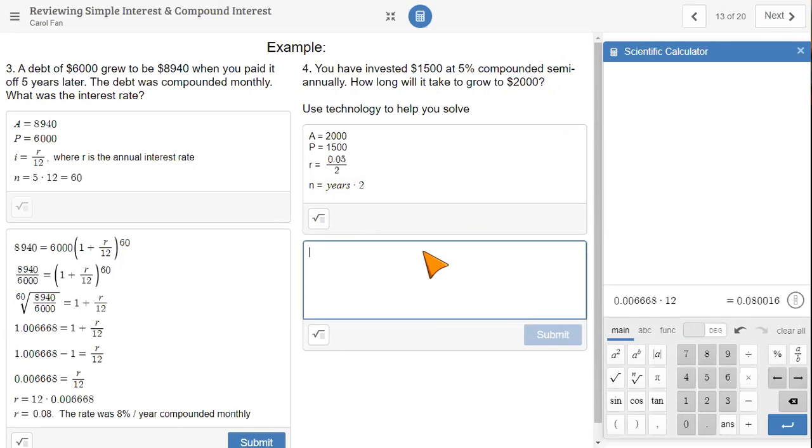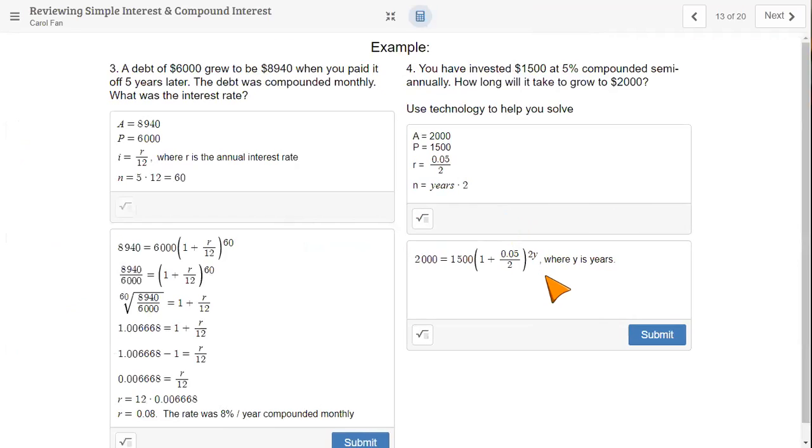Okay, so our equation is now 2,000 equals 1,500 times 1 plus 0.05 divided by 2, to the power of 2y, where y is years. When we get here, we now need to go to our graphing calculator to type this into both sides.